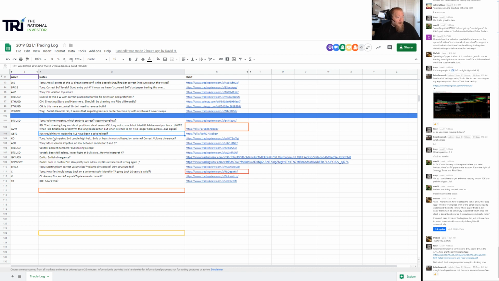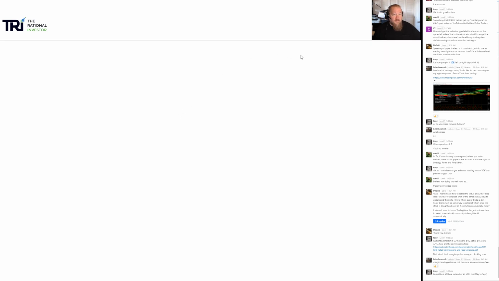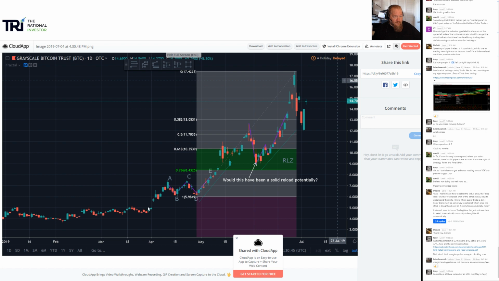All right. Would this W inside the RLZ have been a solid reload? Let's take a look. Well, bear in mind, this wasn't a reload zone at the time that the W came in here, right? Because we have the range from down here to up here, and that's what gave us the reload zone.